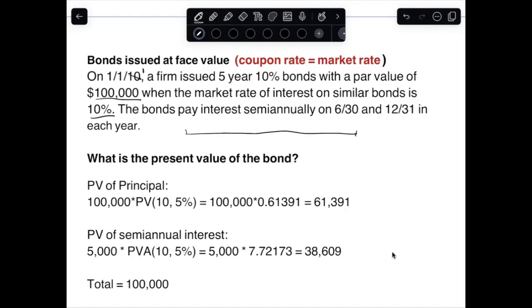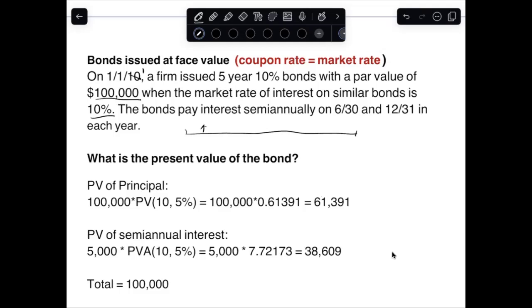So what does that mean to the investors? Five years and paid semi-annually, so twice a year. So there are 10 periods. For every period, you get 5,000. Why?